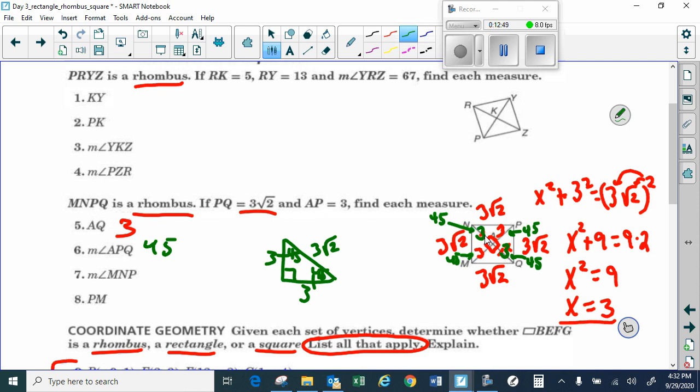All right, so all these are 45s then right here. MNP we know is therefore 90 degrees. So this rhombus also happens to be a square since its angles end up being 90 degrees. And then PM, the whole distance from P to M, 3 plus 3 is 6.